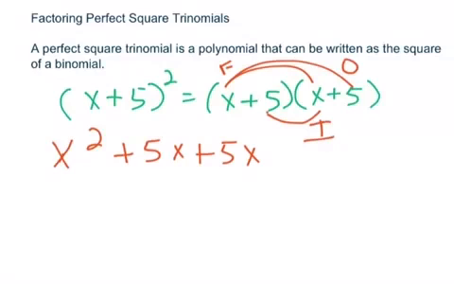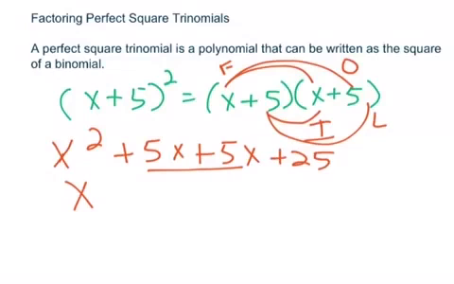And finally, multiplying our last terms, 5 times 5, that gives us 25. Combining the like terms, we have x squared plus 10x plus 25. This is a perfect square trinomial.